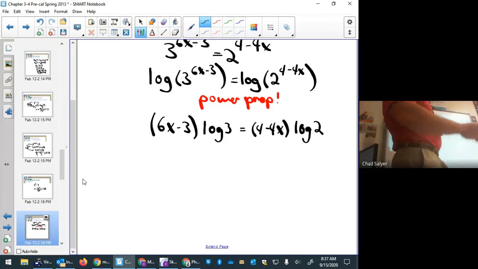From here, the algebra gets a little messy, but these first couple steps will probably be what challenges you. Everything after this you've done before.